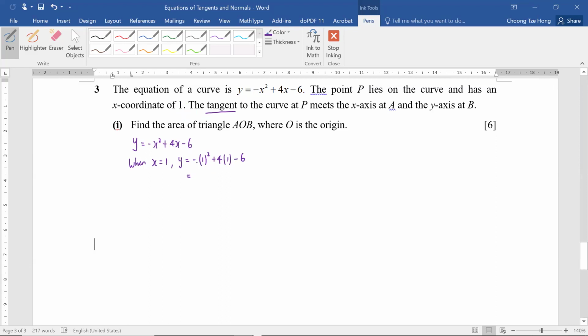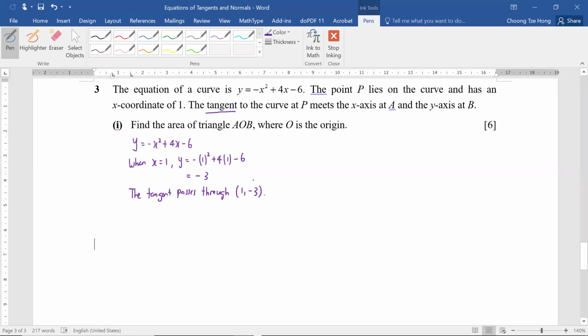Over here we will have negative 1 plus 4, which gives 3, and 3 minus 6 gives negative 3. So now we know that both the curve and the tangent will pass through this point, 1, negative 3. So the tangent passes through 1, negative 3.